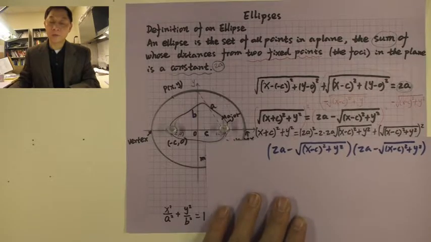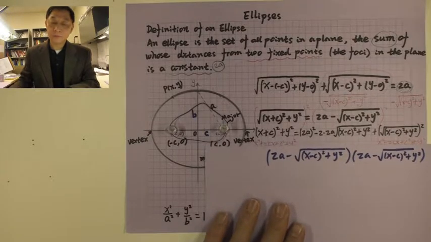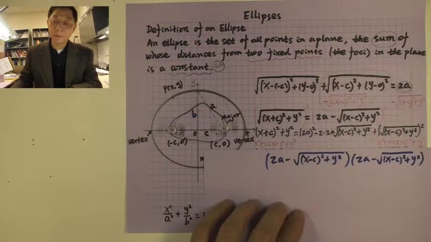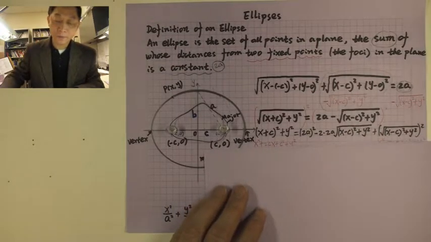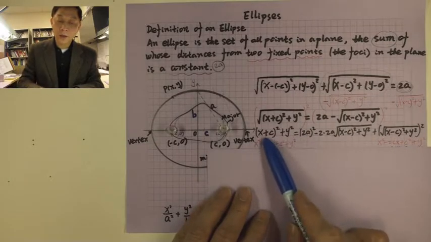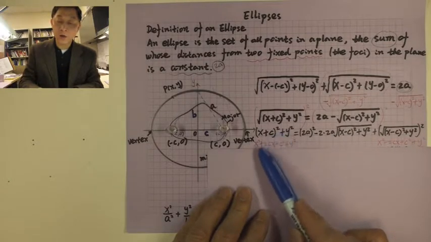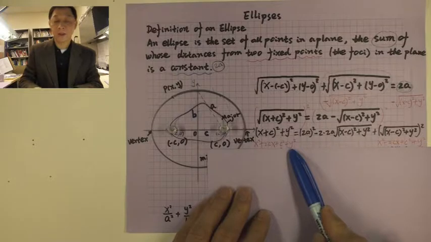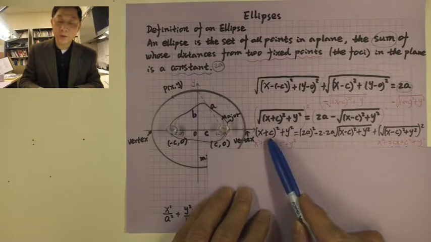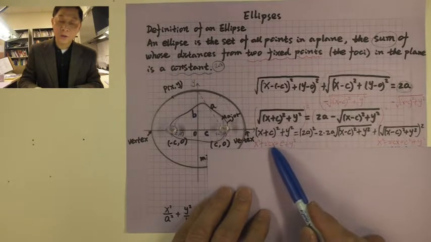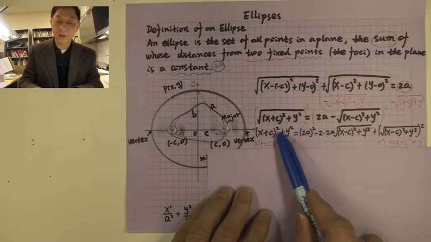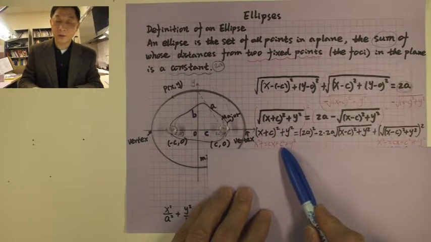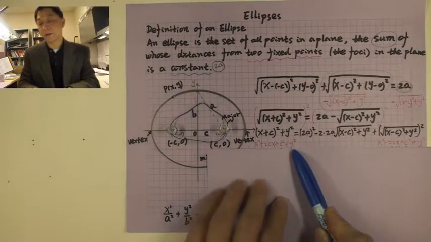Alright, let's move on. Before we move on, we want to see that x plus c squared can also be FOILed out. That will be x squared plus 2cx. If you FOIL that, you'll find out. And then c squared plus y squared.